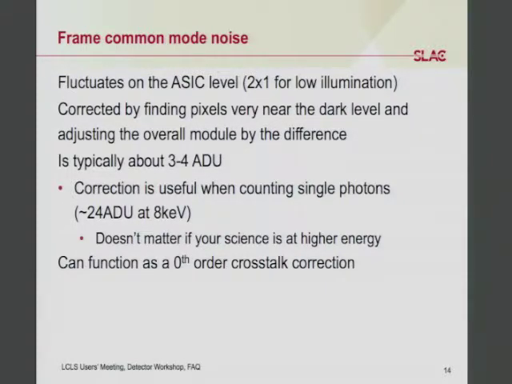The correction is typically about a few ADU. So if you're counting 24 ADU objects, then you care some. If you're working at higher energies, then there's no point in bothering.